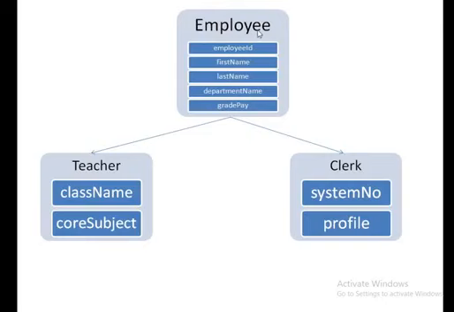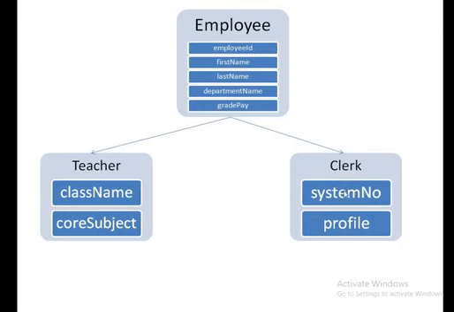In the superclass, that is the employee class, there will be some properties that are common for all employees: employee ID, first name, last name, department name, and grade pay. For teacher, some specific properties are the class name, the class in which the teacher is class teacher, and the core subject of the teacher.